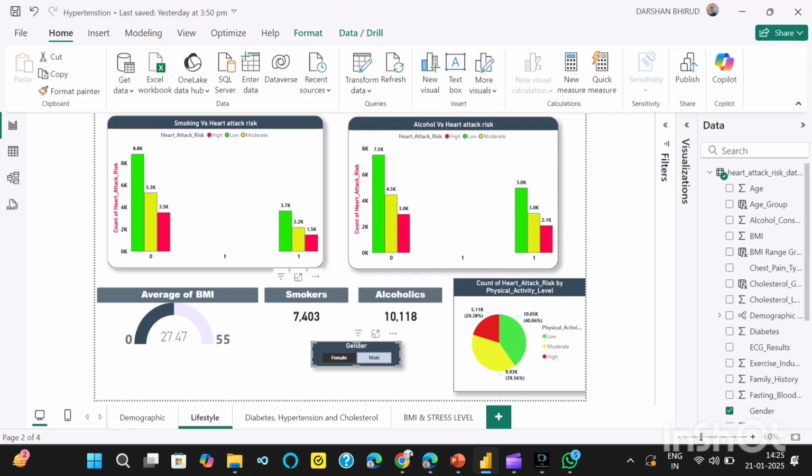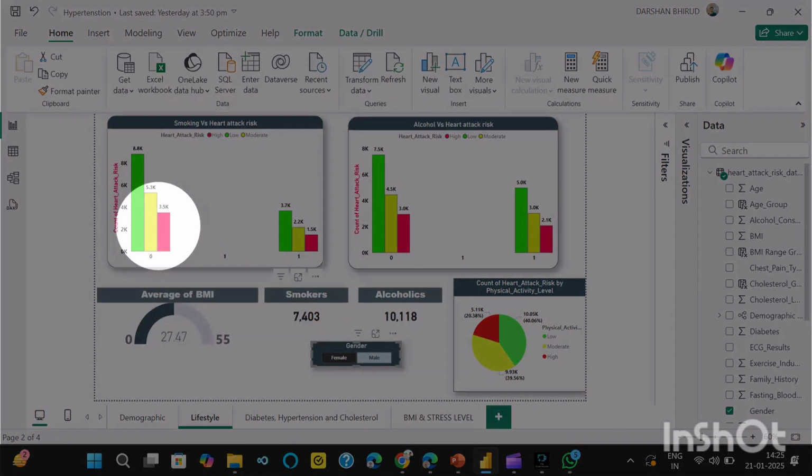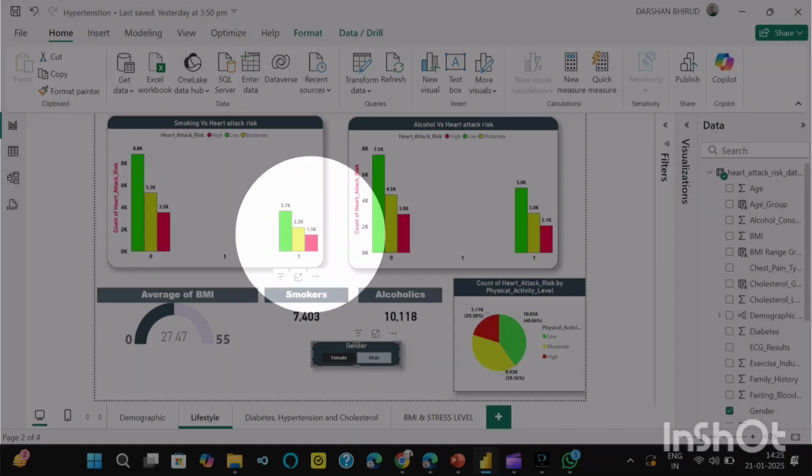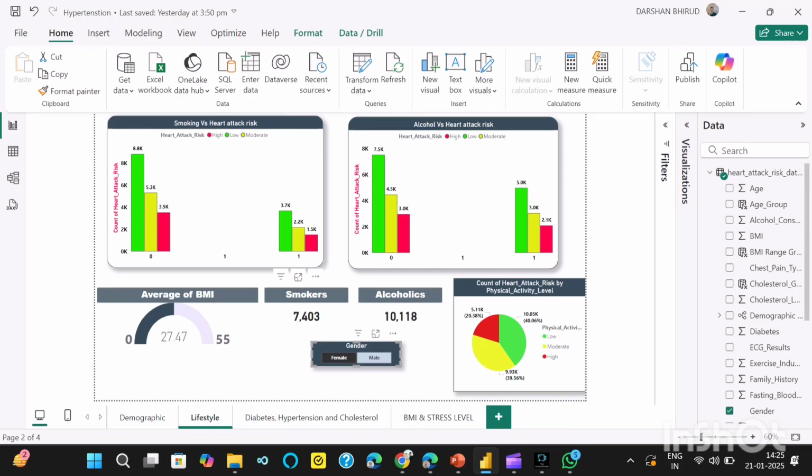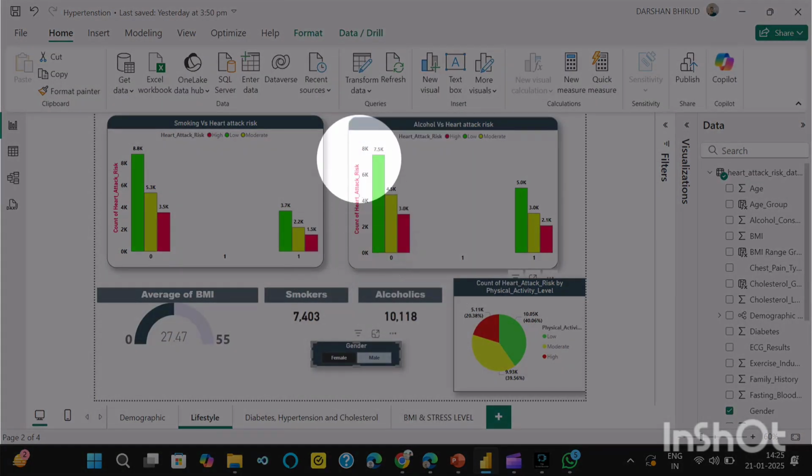But you can clearly see there is no direct correlation, or there might be other factors that can impact the heart attack risk. The data set also shows that an individual who is not smoking still has higher chances than one who is a smoker.